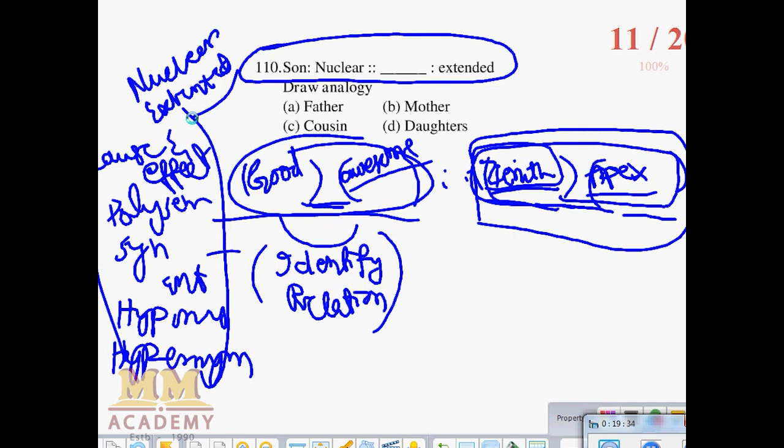So, son is part of the nuclear family, right? So, who is part of the extended family? Father? No, because father is in the nuclear family. Mother? No, because mother is also in the nuclear family. Daughters? No, because daughters are also in the nuclear family. Cousin is in the extended family, right? So C is the right answer.